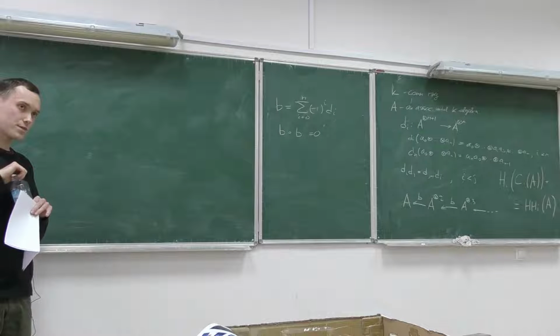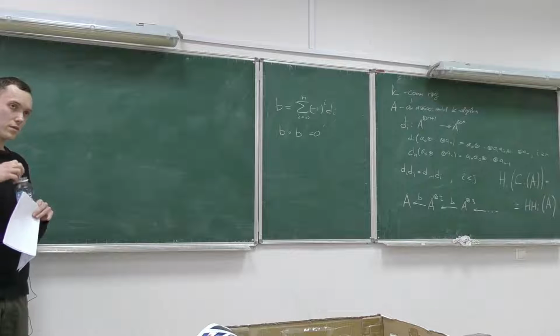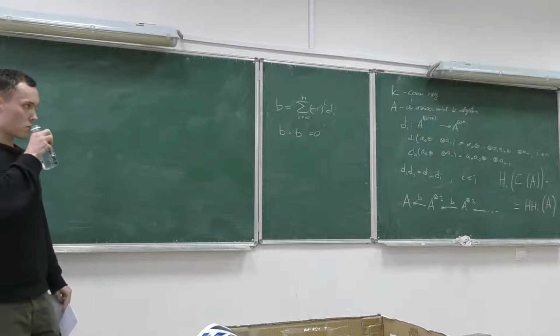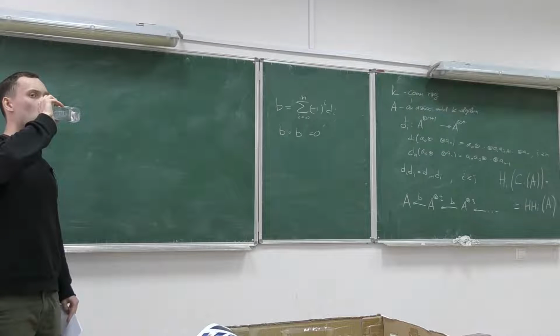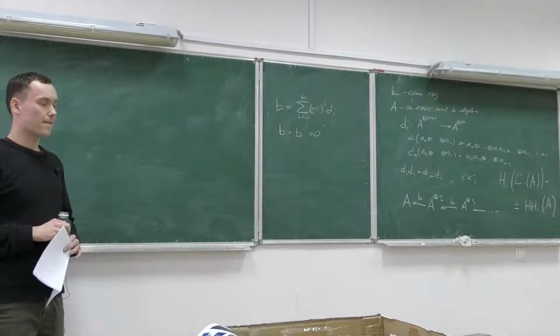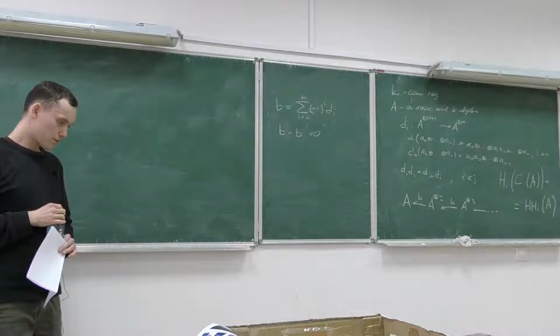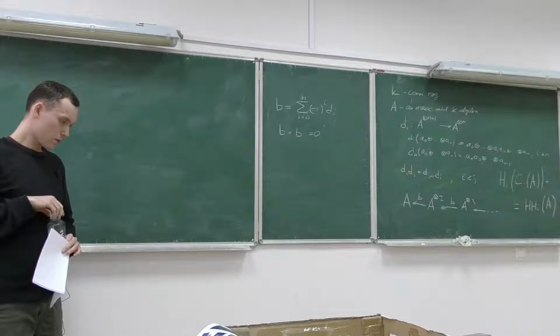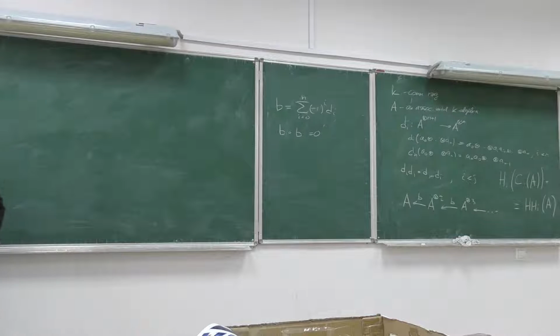I see. This complex is big, but it has an advantage, which is a certain extra symmetry, which is this big B operator. Okay, so anyway, that's a comment. Thank you.